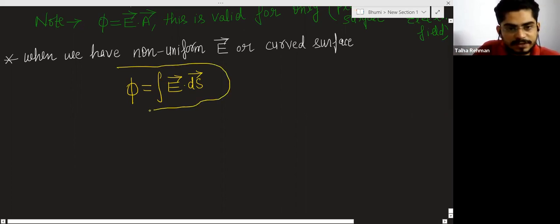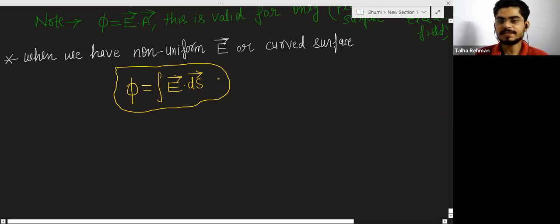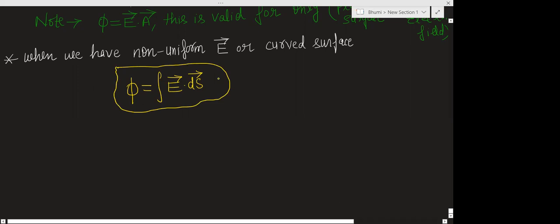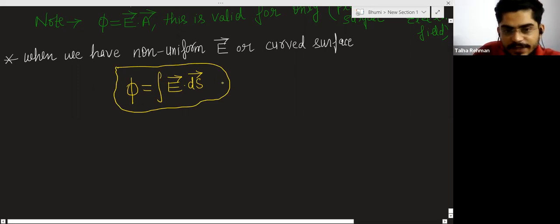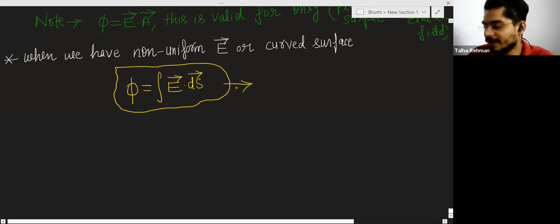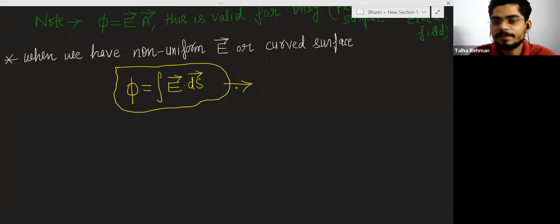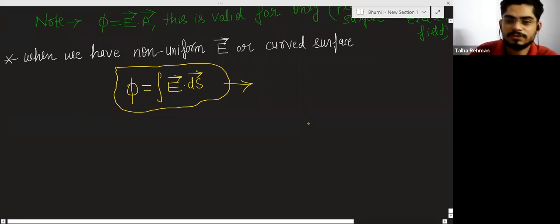Because we will use integration here. Yes, sir. Integration is like differentiation. This type of integration is known as surface integration, because the electric field lines are crossing the surface.